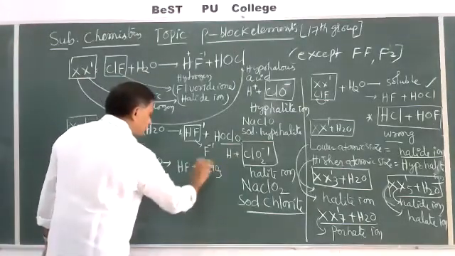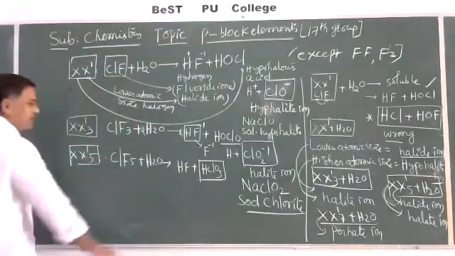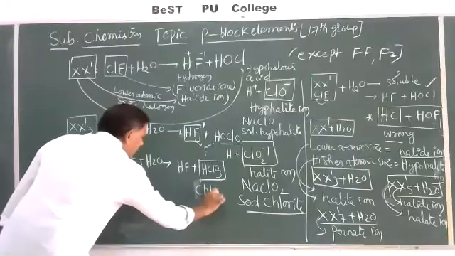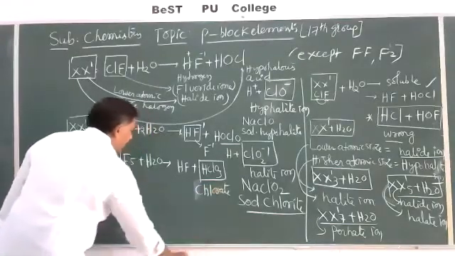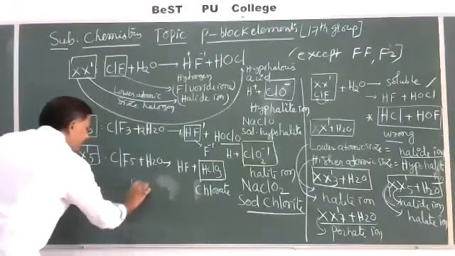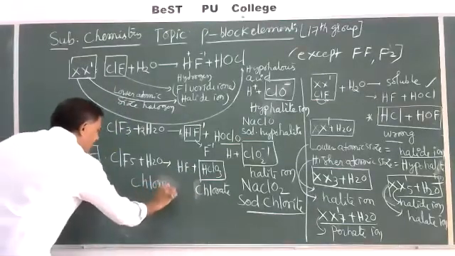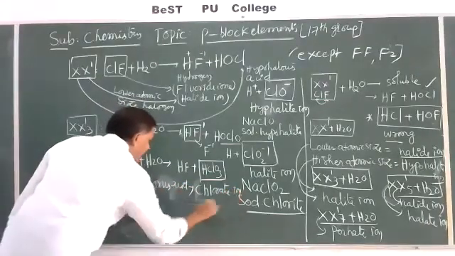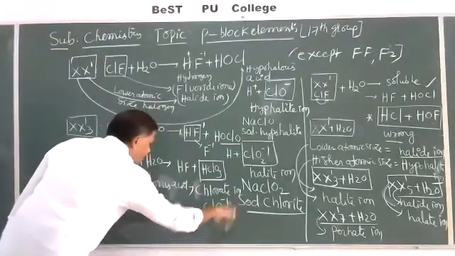HClO3. This is the chlorate, here the chlorate ion, like chloric acid. Here the chloric acid gives the corresponding chlorate ion like ClO3 minus 1.